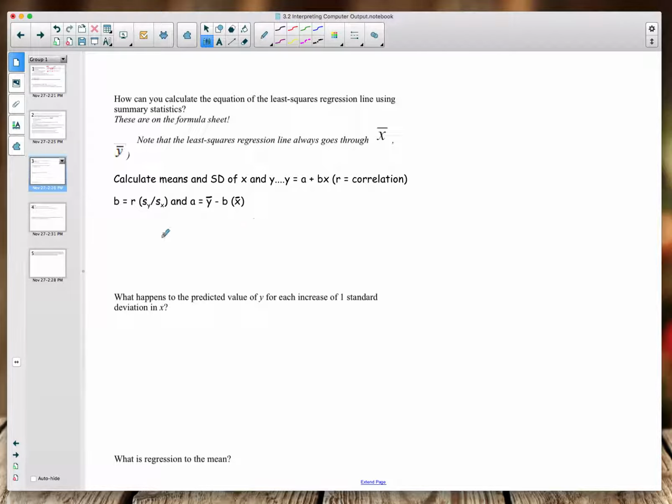All right. So then the next part here: what happens to the predicted value of Y for each increase of one standard deviation of X? You may want to take a second and read over page 184, and that explains where all this comes from.